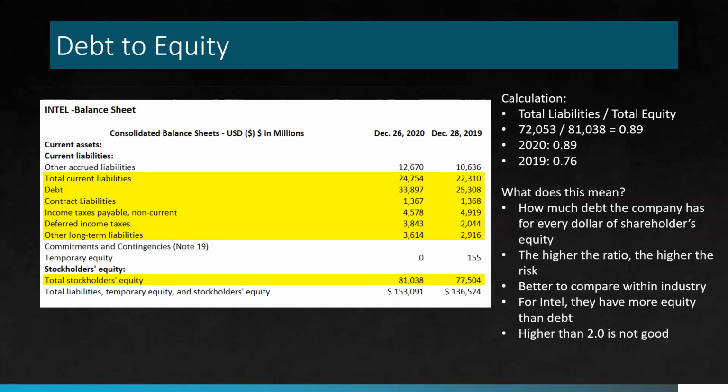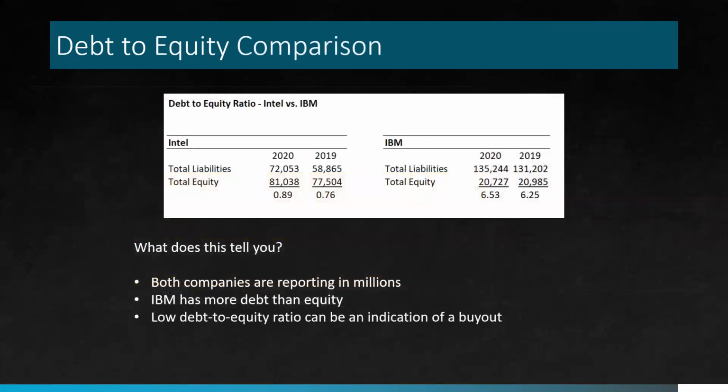But just like with debt to asset ratio, it's best to compare this with another company within the same industry. So that's what we're going to do with IBM. Now if you look at this, this is a staggering difference. Basically IBM has 6 times more debt than it does in equity.